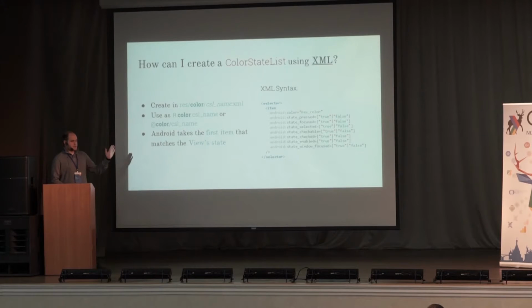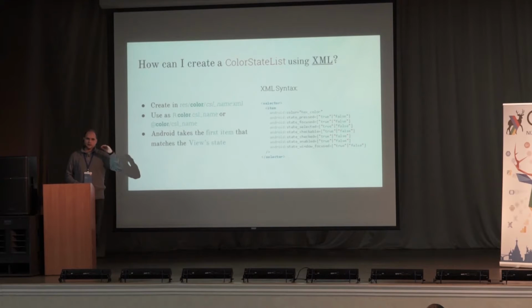It offers a list of colors. Any of these states are supported, so focus, checkable, check, and so on. You place a number of items into a selector, and each item is a color. The important thing to note here is that Android goes from top to bottom, and the first one it matches by the view state is the one it uses.